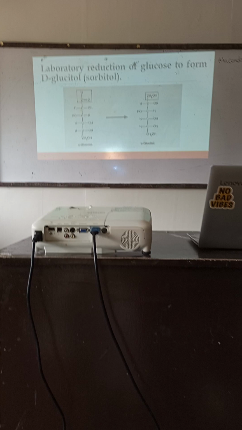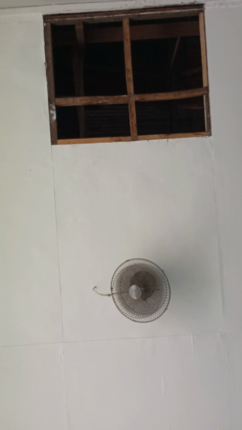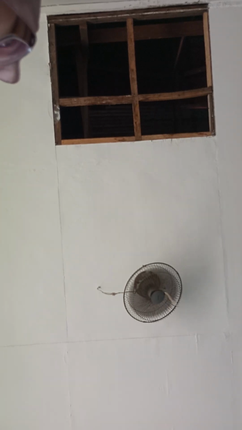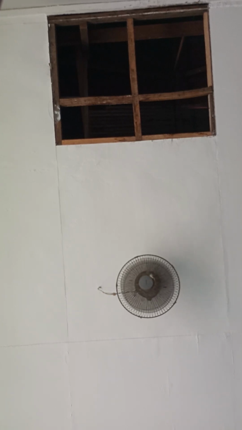The most common reduction process is the laboratory reduction of glucose to form D-glucitol, or sorbitol. As you can see, glucose has CHO. Because of the reduction, it becomes CH2OH.